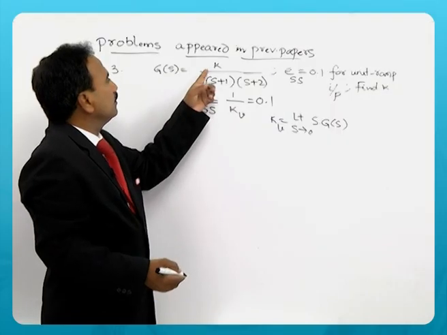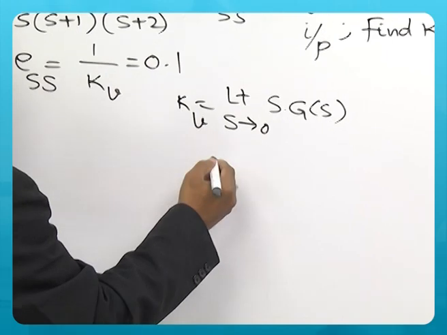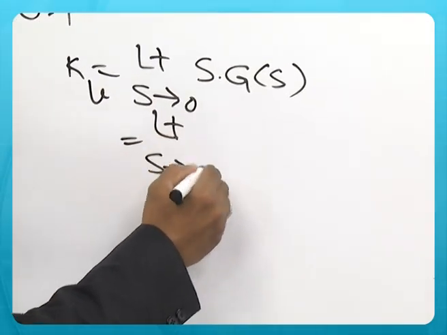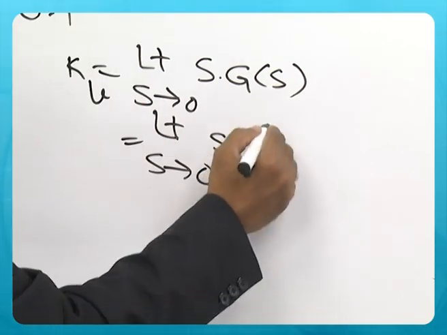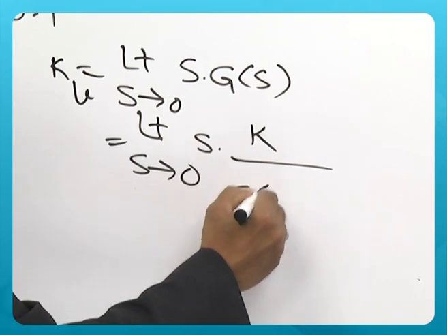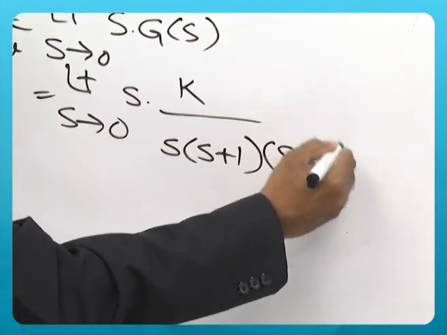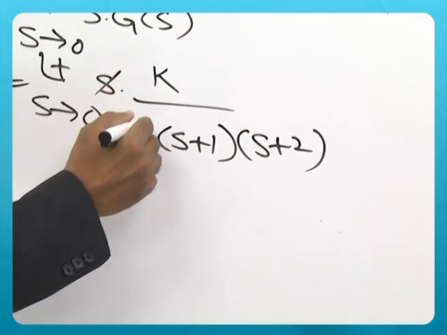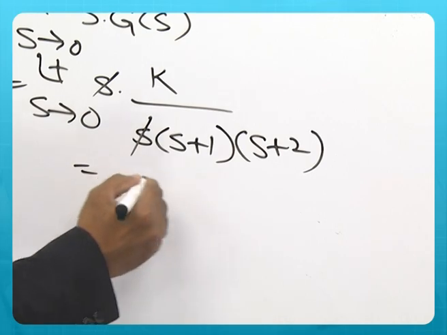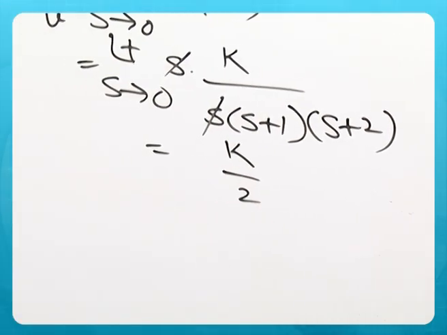Now, we need to evaluate K. So, Kv is limit S tending to 0 of S times the given function which has K, S into S plus 1 into S plus 2. Now, this S and S get cancelled, and S tending to 0 leads to K by 2. Kv is equal to K by 2.